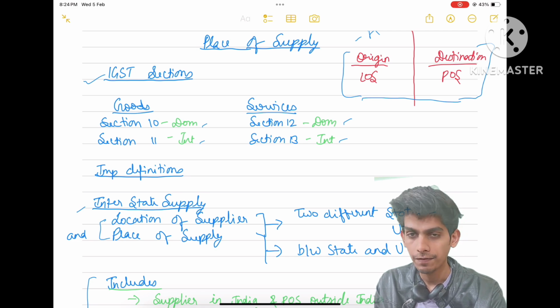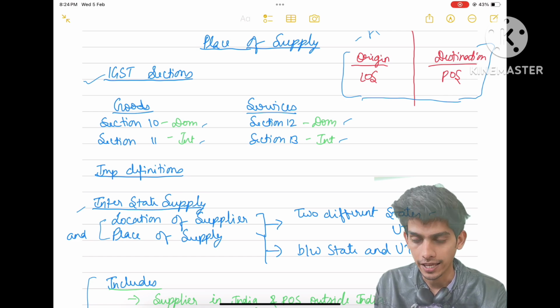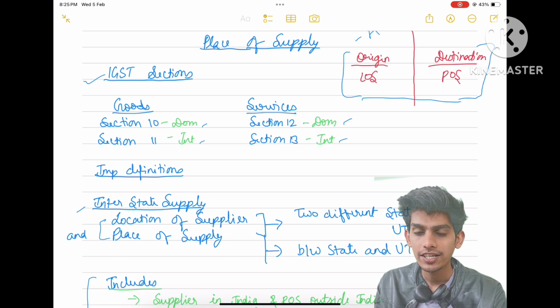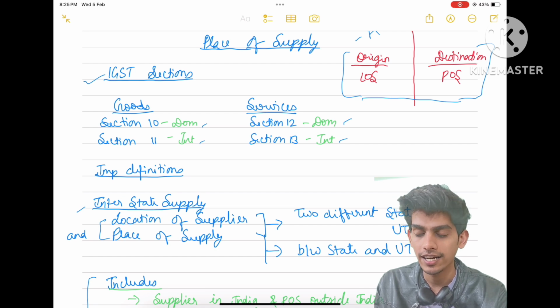As we have read in the chapter on supply, if a transaction is considered as supply, then to determine whether IGST will be levied on it or CGST and SGST will be levied on it, we need to determine whether the supply is an interstate or an intrastate supply.